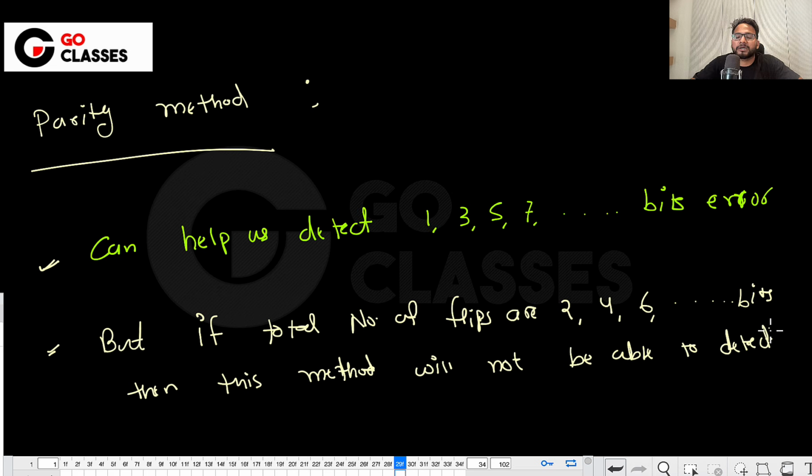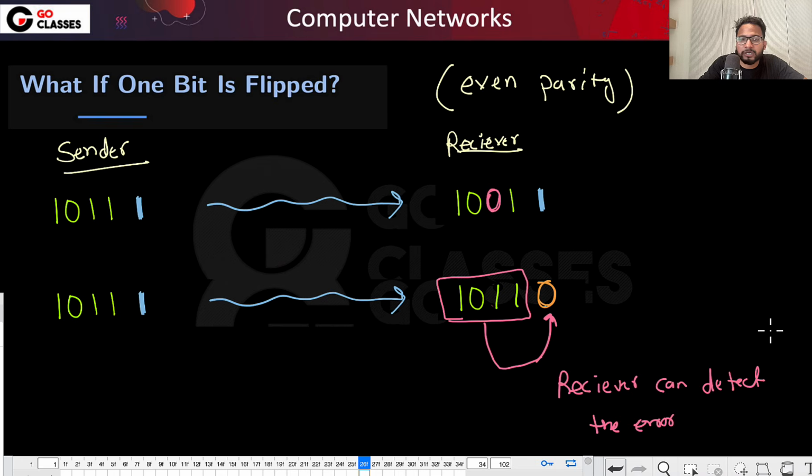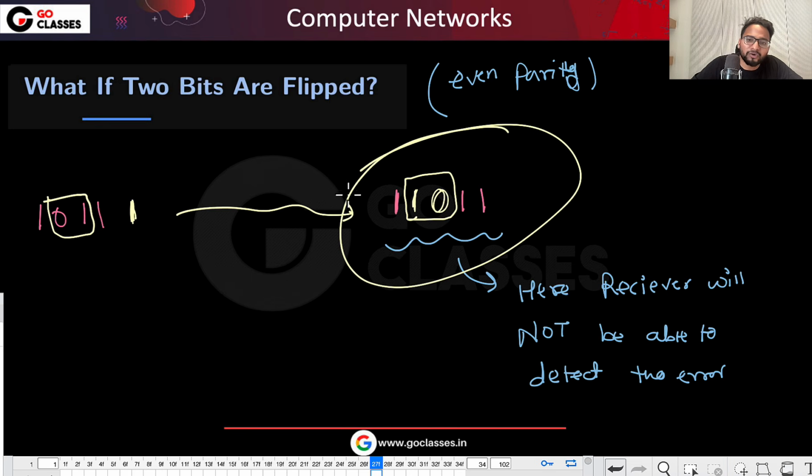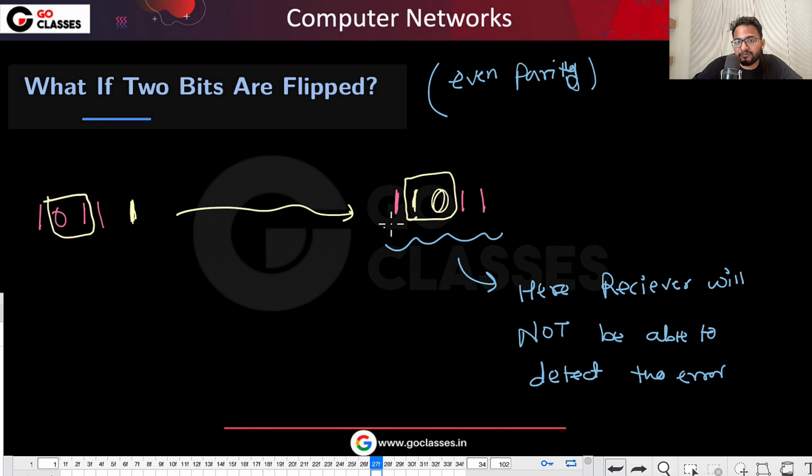I hope you are understanding this. So in this method, if it is a one bit error, you can detect it. If it's a 2-bit error, then you cannot detect it, because earlier even, now also even. So the receiver will think that this is the correct code word. Although this is an invalid one, the receiver will think that it is correct.